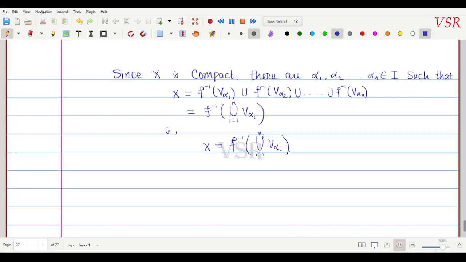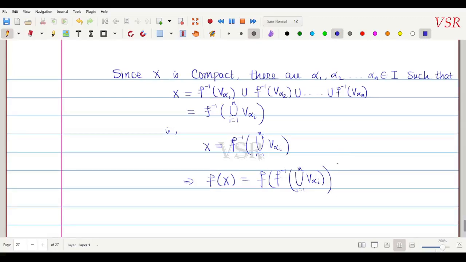So this implies that f of X, which is equal to f of f inverse of the union of i equal to 1 to n of V alpha i.